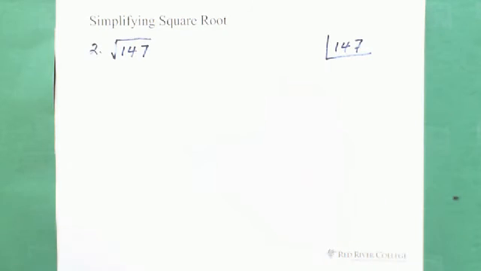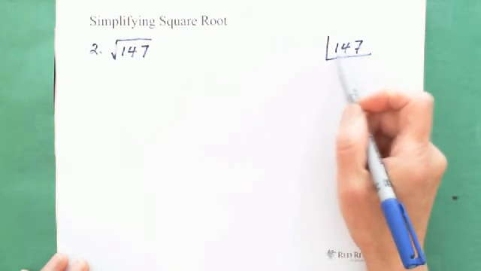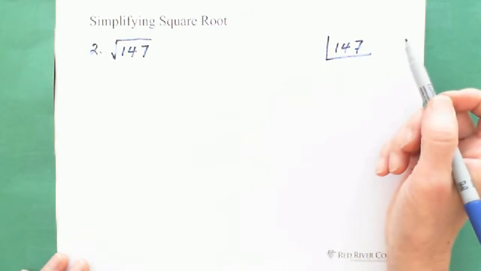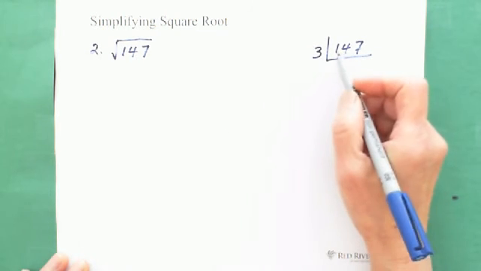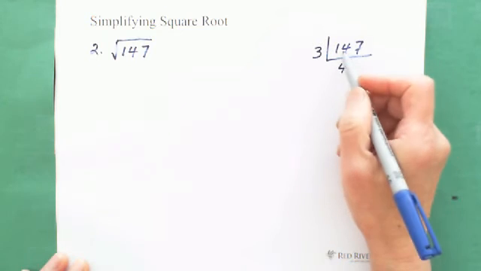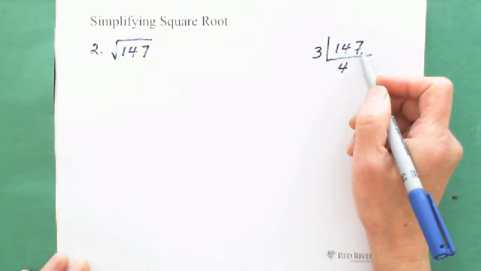The next smallest is 3, so we check if it can be divided by 3. 1 plus 4 is 5, 5 plus 7 is 12, and 12 is divisible by 3. So we divide by 3. In 14, there are four 3s, 3 times 4 is 12, and you have 2 left over, carry on.